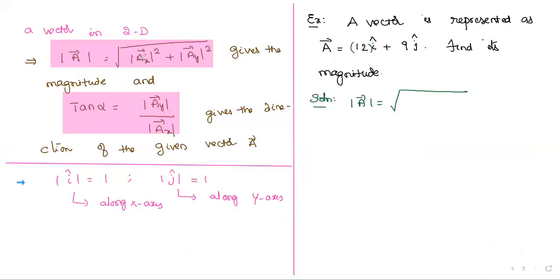So 12 is mod ax, whole square, that is 12 square, plus mod ay square, that is 9 square. 12 square is 144 plus 81 gives 225. Yes, it is 15. That is, mod a bar equals 15.